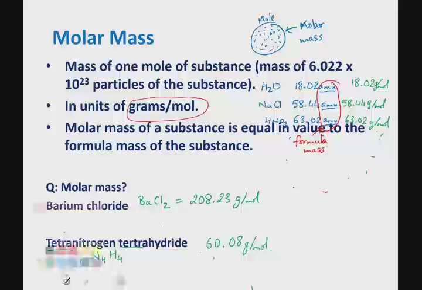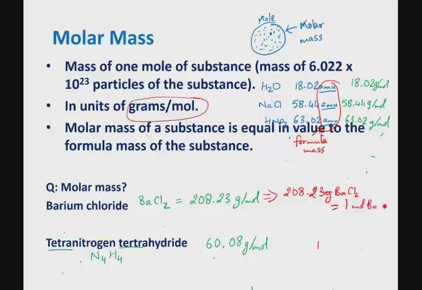Now, once again, I would like to highlight what these numbers mean. This number basically is an equation. If you look at 208.23 grams per mole, it's an equation. It says that 208.23 grams of BaCl2 equals 1 mole of BaCl2.